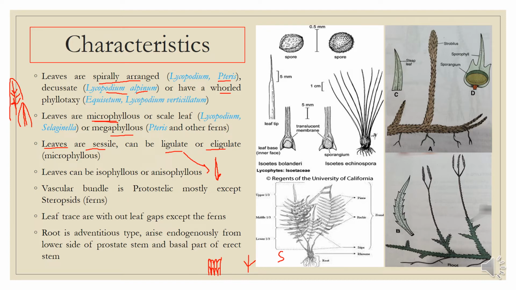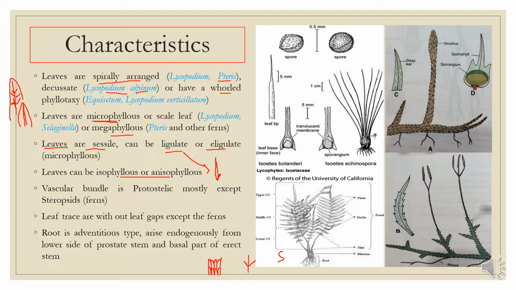And leaves can also be classified based on the transverse section. Leaves can be isophyllous, that is both sides of the leaf are of similar appearance, with not much internal differentiation.